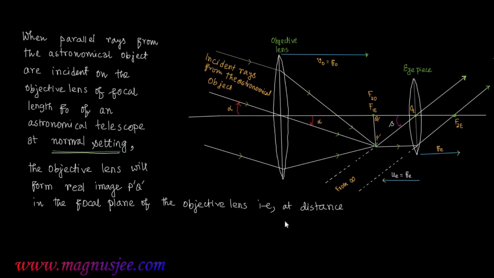That is, at the distance V0 equal to F0. The image distance is V0, which is equal to the focal length F0.